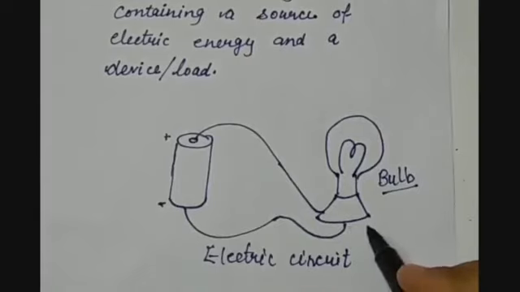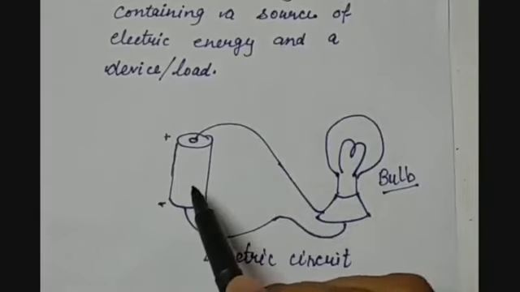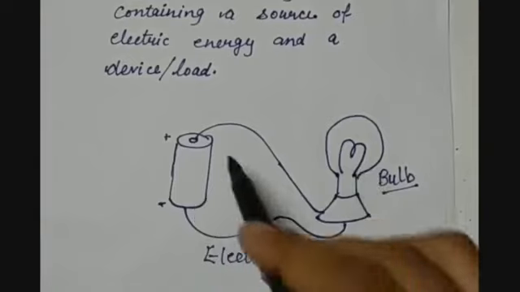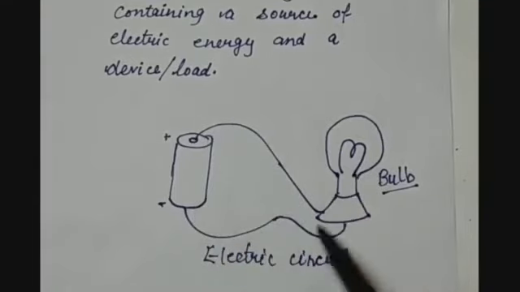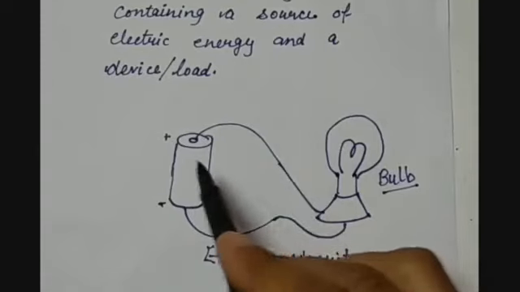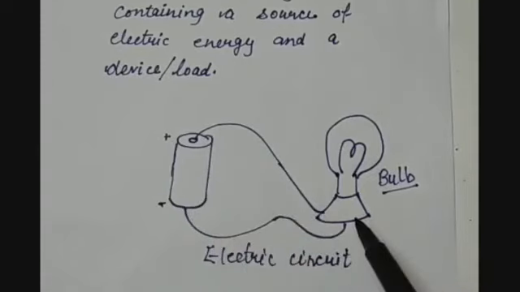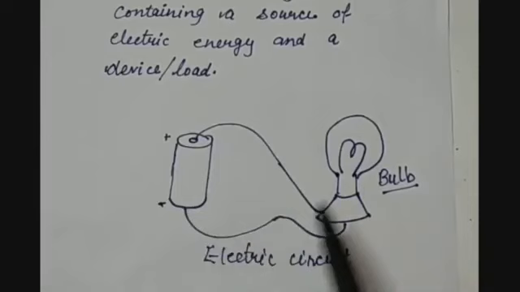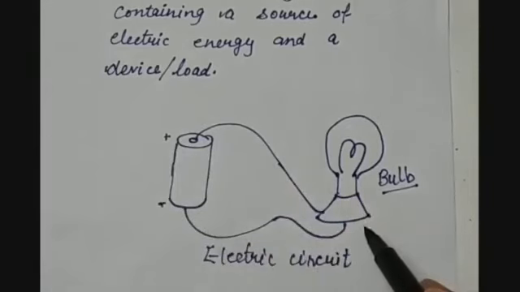Here you can see the connection of electrical energy source and the load is made with the help of conducting wires. Why I am saying conducting wires? Because current will flow in the conducting wires. And this complete circuit is called electric circuit.